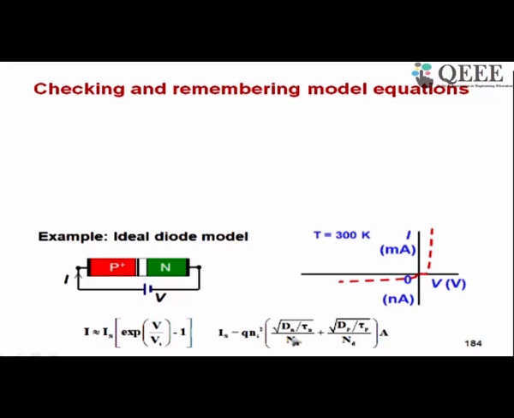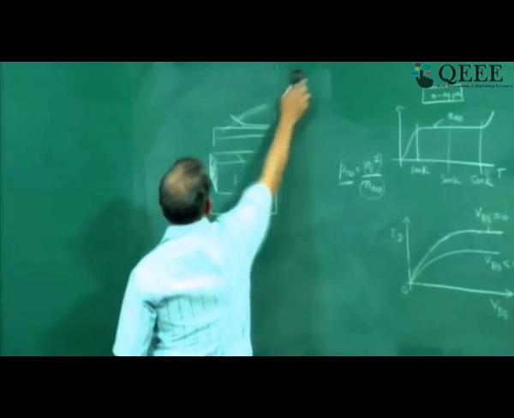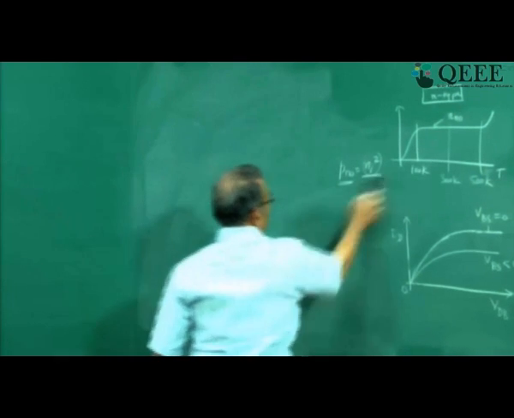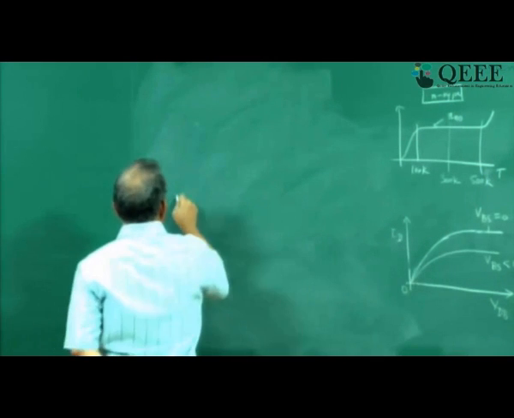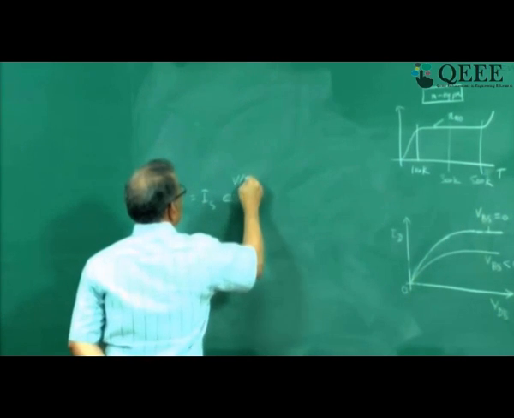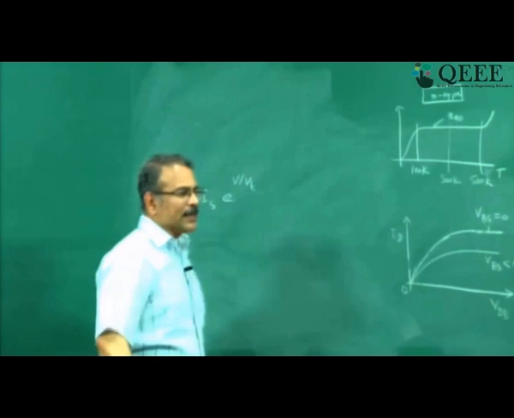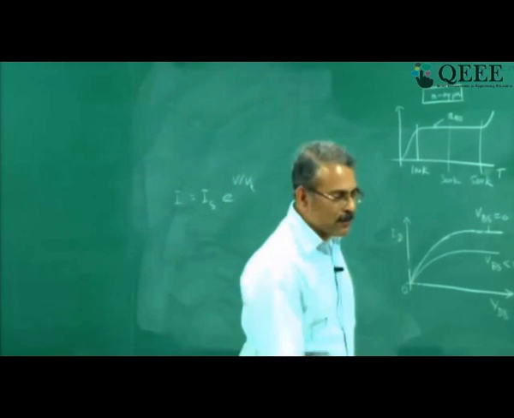Now supposing we have written an equation like this, how do we check whether what we have written is correct? Let me give an example of a mistake that may be made while writing the equation, and then how we will check that we have made a mistake. Many times when students are asked to write the equation for diode, they will only remember the forward bias.